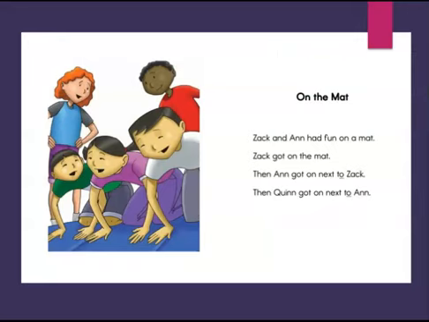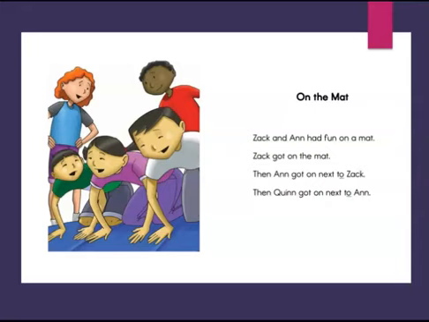Now, learners, we're going to apply what we've learned into a decodable reader. These decodable readers are free online through Core Knowledge. The title of the reader is On the Mat. Zach and Anne had fun on a mat. Zach got on the mat. Then Anne got on next to Zach.